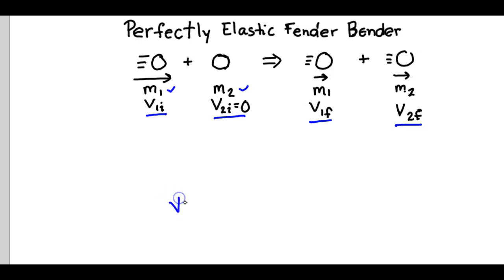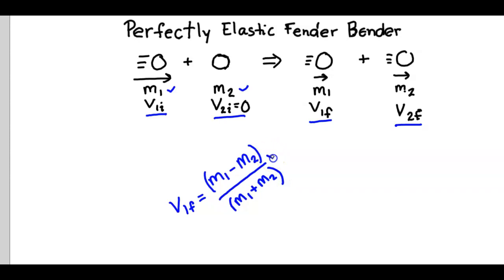The velocity of the first ball at the end is going to be equal to the difference in mass between the first ball and the second ball, divided by the total mass of the first ball and the second ball.